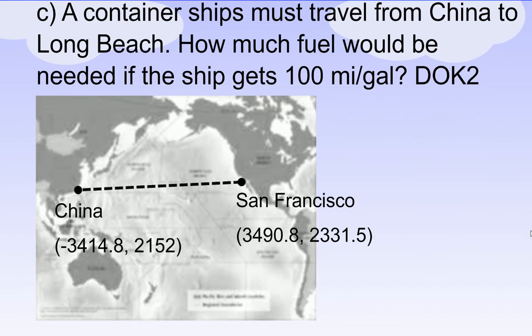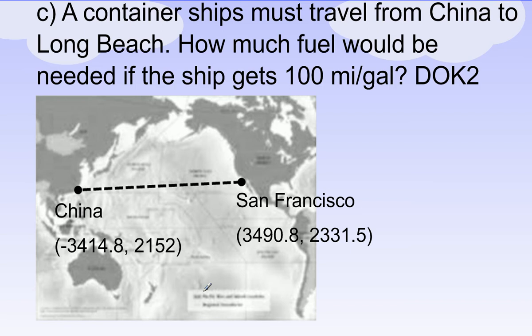It says a container ship must travel from China to Long Beach. How much fuel would be needed if the ship gets 100 miles per gallon? So what I have here in the picture, these are the latitude and longitude of these locations.